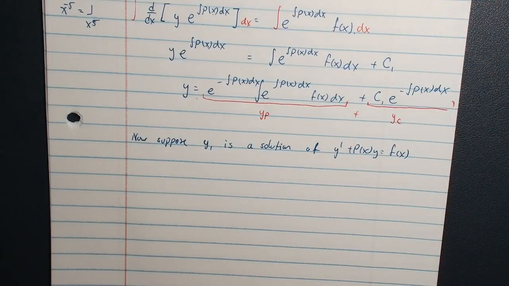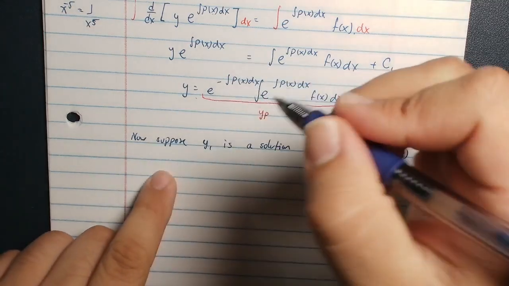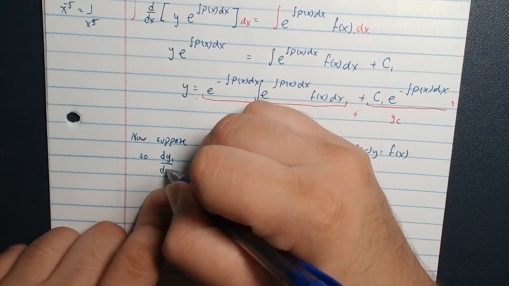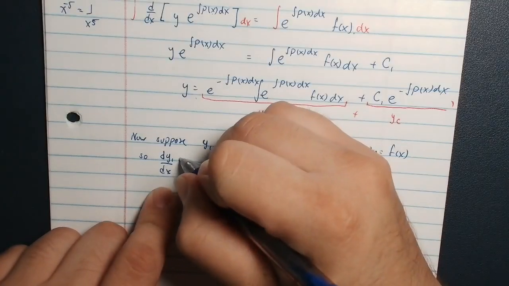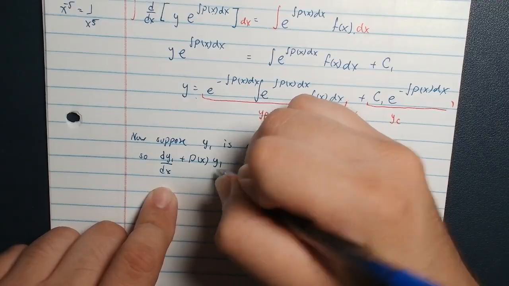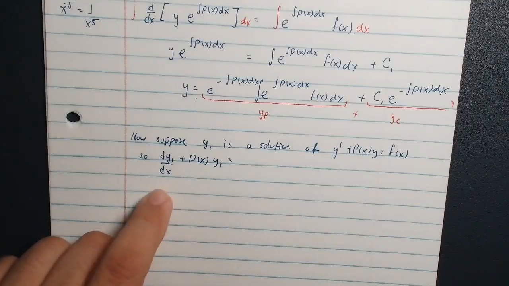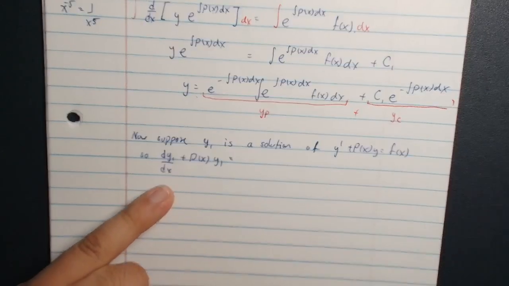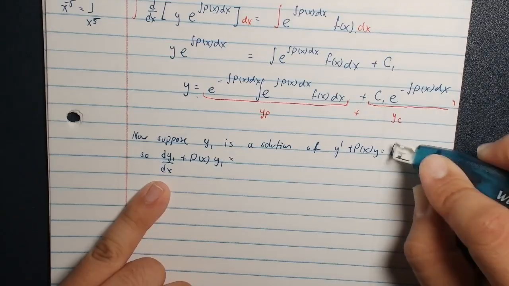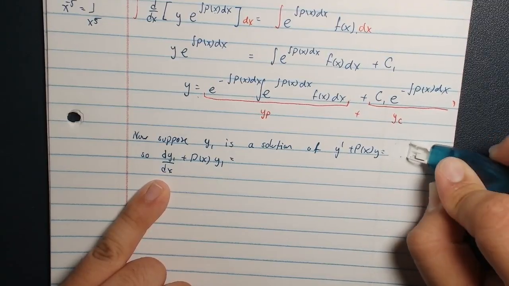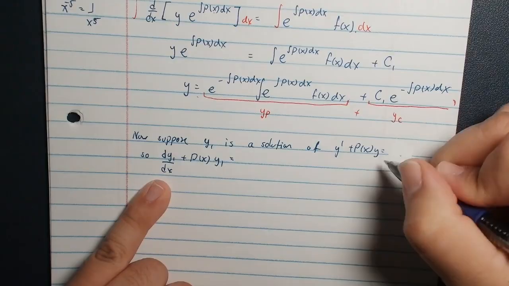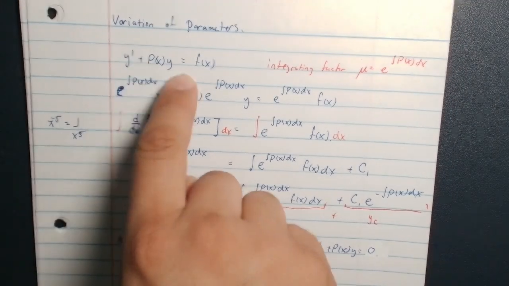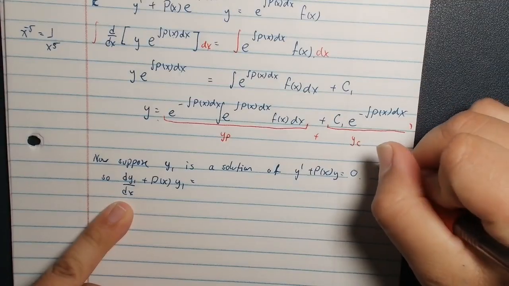Well, what that means is you should be able to plug it in. Sorry, I want to concentrate on the complementary solution. So that means I should not be focusing on the original problem. I should be focusing on the associated homogeneous problem. So let's suppose that y1 is a solution of the homogeneous version of this, the associated homogeneous problem.